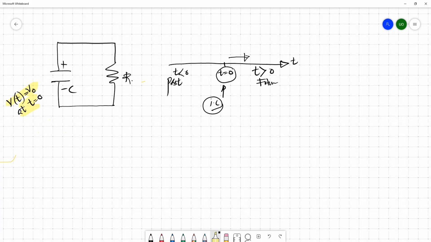So using whatever data we have, we try to analyze the circuit for the future. This capacitor is already charged to V naught, and we then connect it to a resistor. By looking at this, we can identify that this is a scenario we can categorize as source-free. Source-free means we don't have any external source to power the circuit.